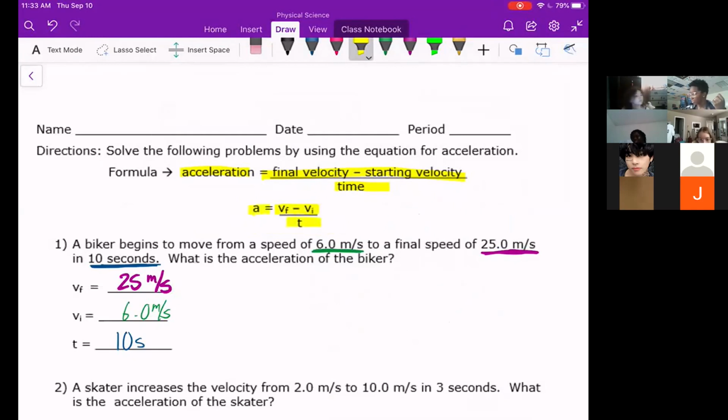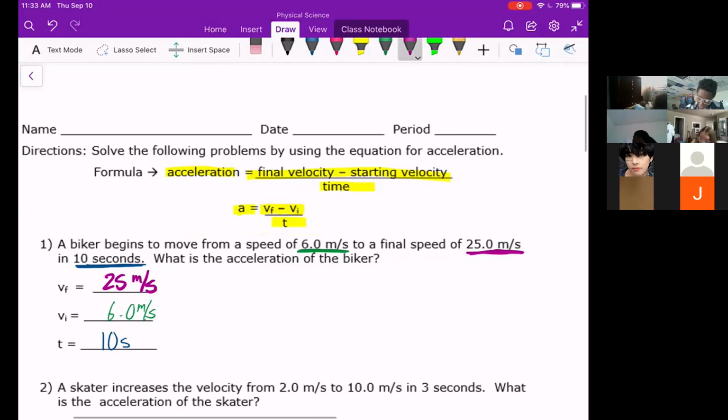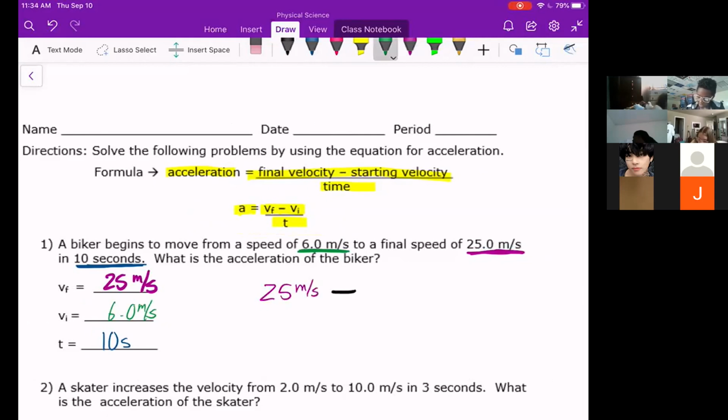All right, so if I write it in order, I should have 25 meters per second minus 6 meters per second, and then I'm dividing it by 10 seconds. All right. You do need calculators.